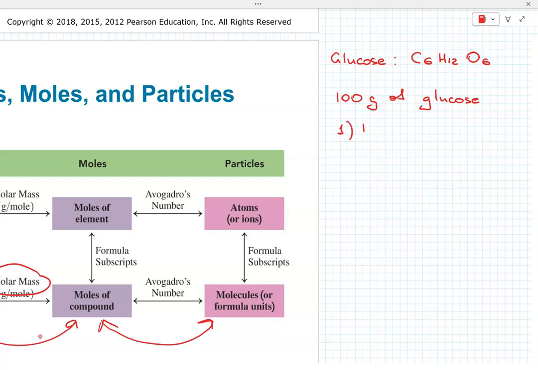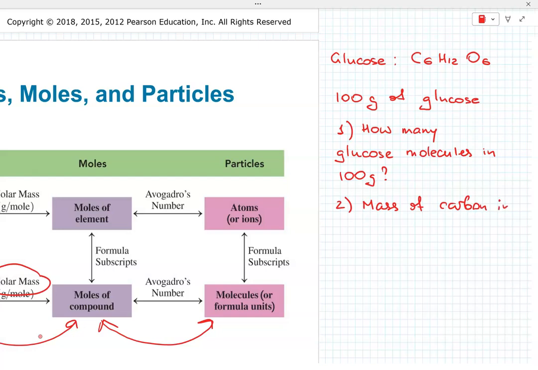First, how many glucose molecules in 100 grams? Question number 2. Mass of carbon in 100 grams of glucose.